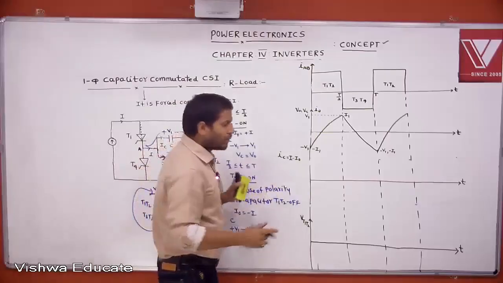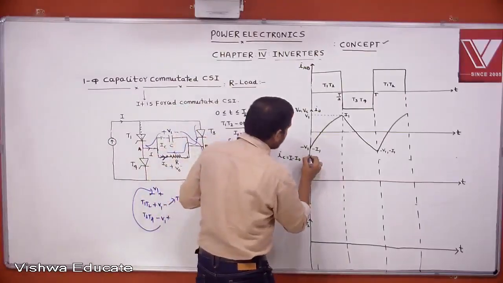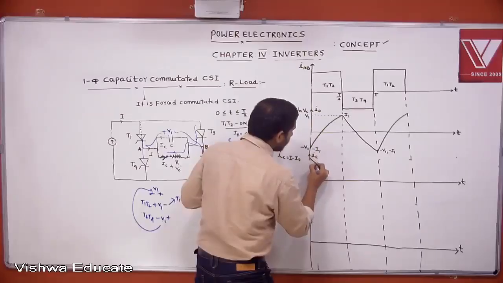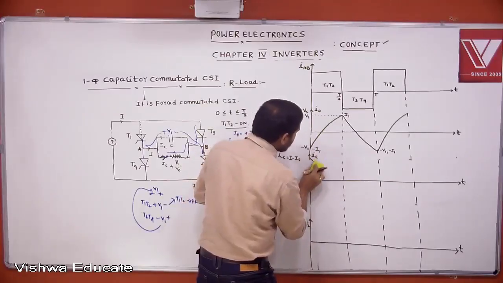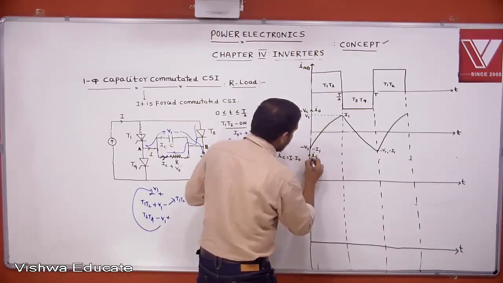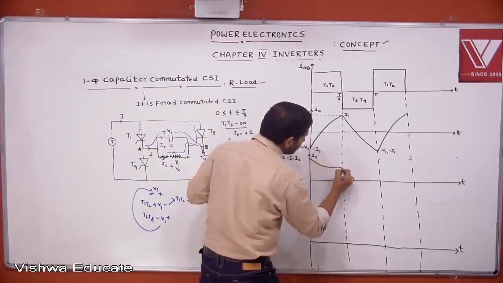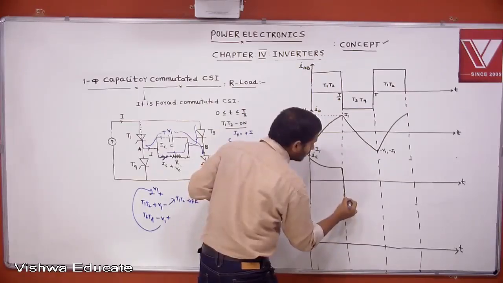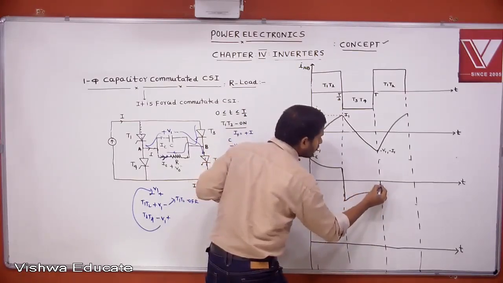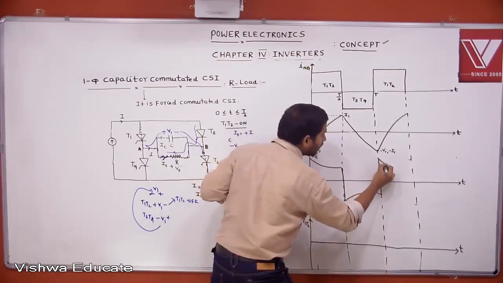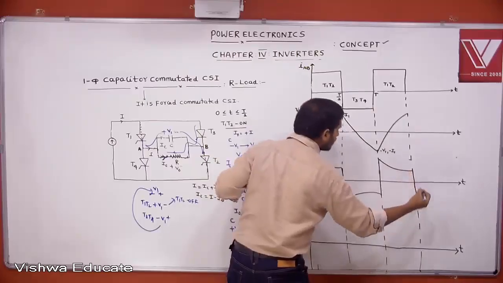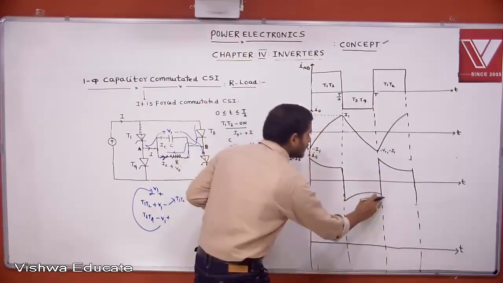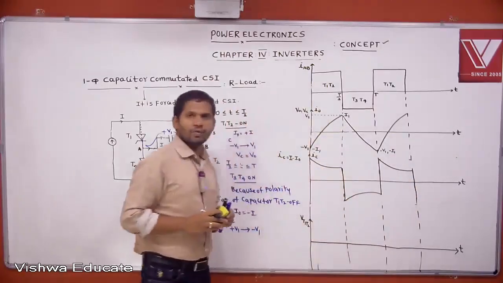This waveform I am drawing, the IC current waveform. We can get it like this. In an RC circuit, it is exponential current, exponentially decreasing. This is the IC current waveform.